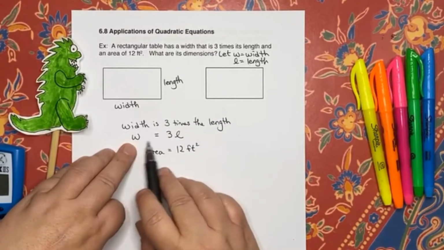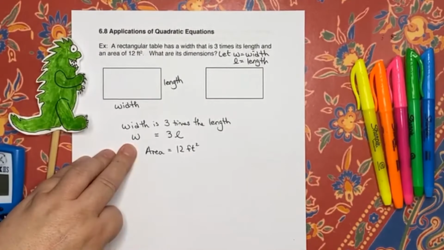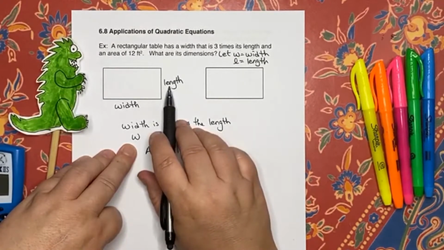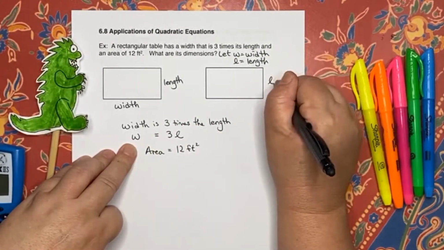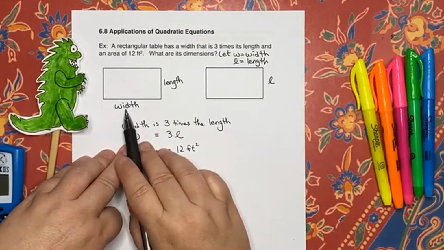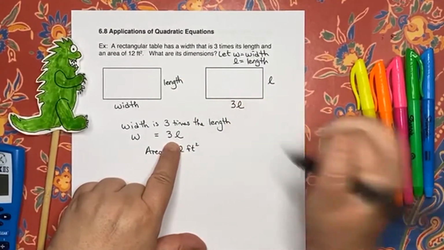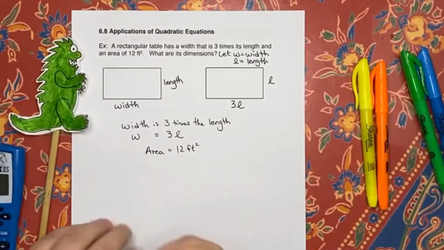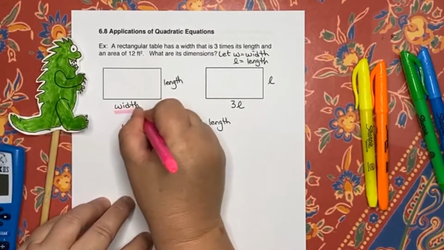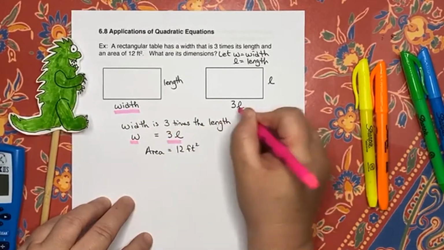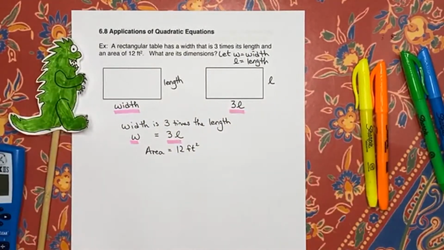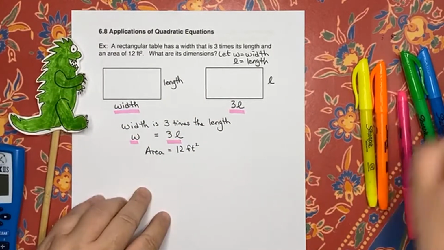If I've got W equals 3L, I could do something interesting. Where there's a length, I would write L, but where there's a width, instead of writing W, I could write 3L. Does that make sense? My width, which is equal to 3L, is now 3L. Interesting.